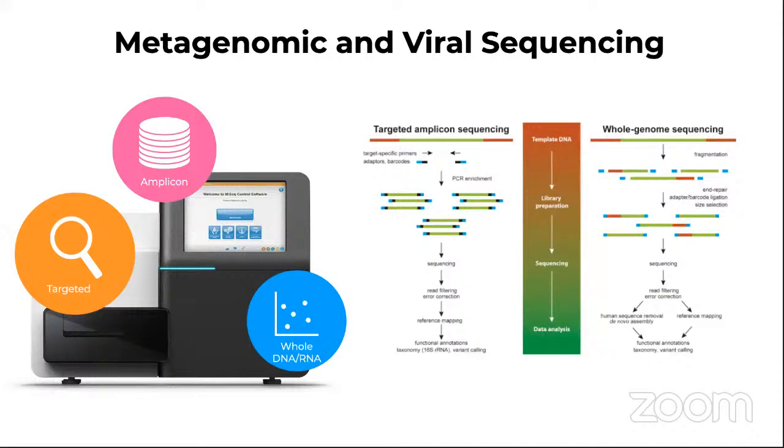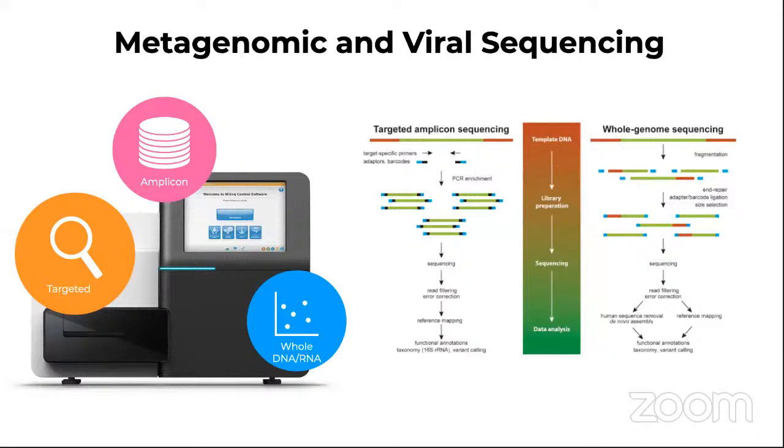So there are many different library preparation techniques that essentially mean that once the genetic material, the biological material is collected, and DNA or RNA is extracted from that sample, that needs to go through several additional steps. And those steps could determine what you are in the end sequencing, and therefore how to analyze that data.